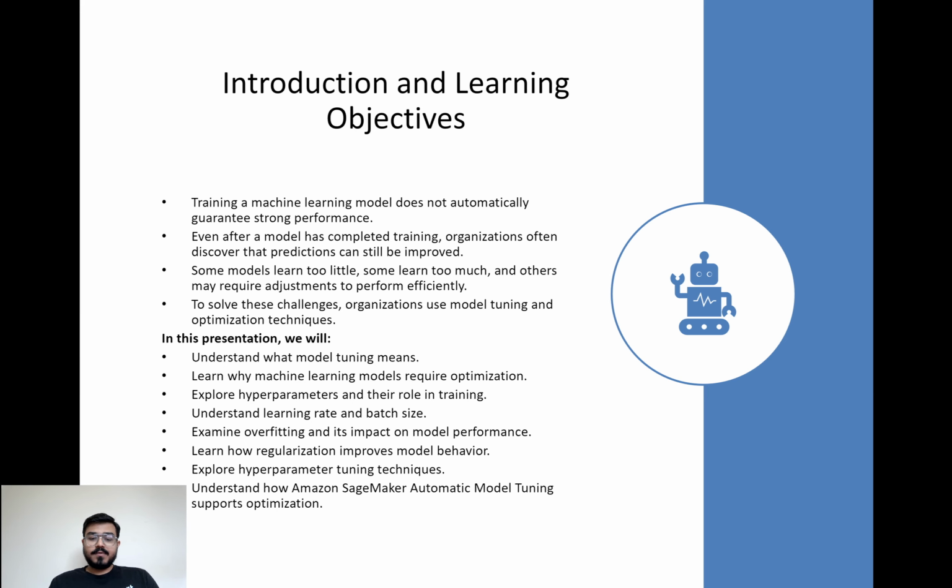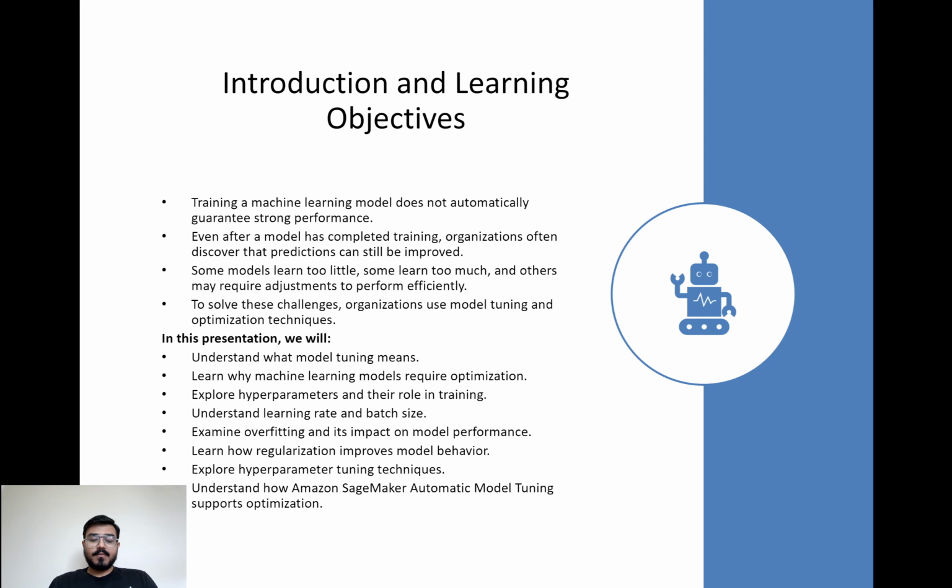Throughout this presentation, we will learn what model tuning means and why it is important. We will explore hyperparameters and understand how they influence the learning process. We will also discuss learning rate and batch size, which are two important settings that affect how a model learns.